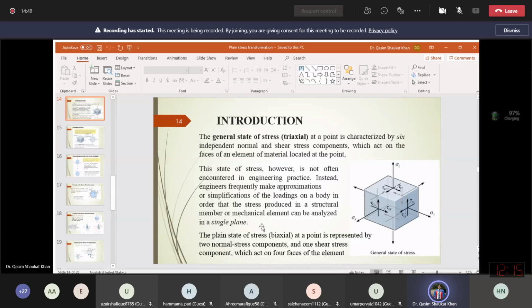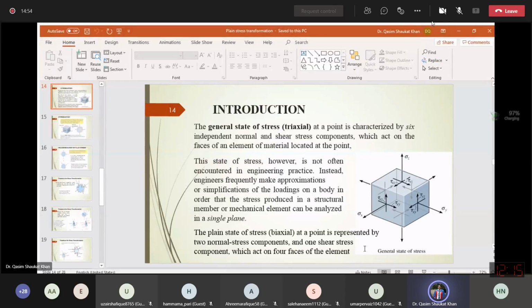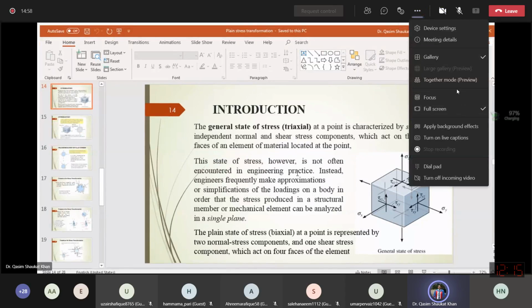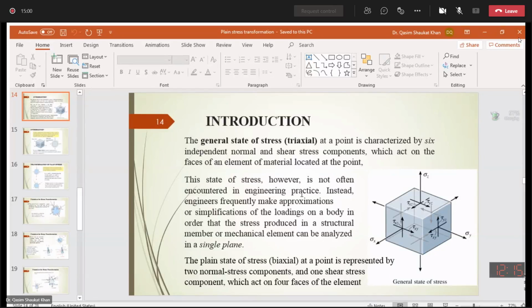So in actual practice, and what we are going to do from now onwards, instead of working in three dimensions, we can simplify it to two dimensions. The triaxial state of stress is not often encountered in engineering practice.